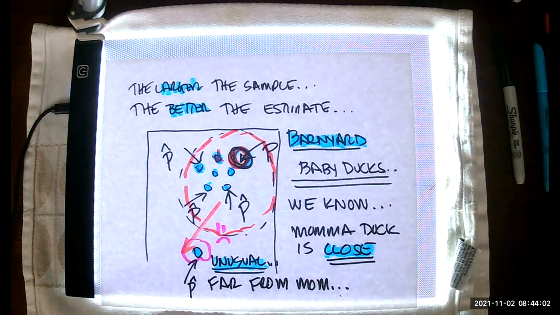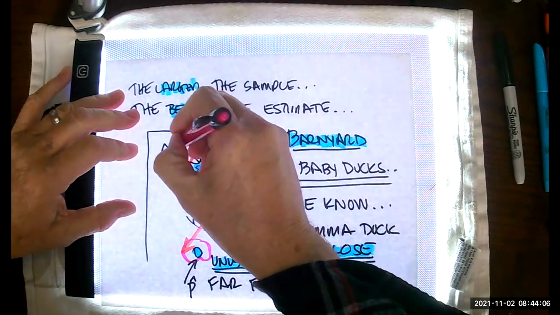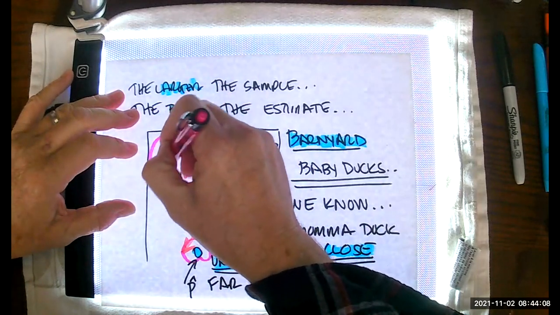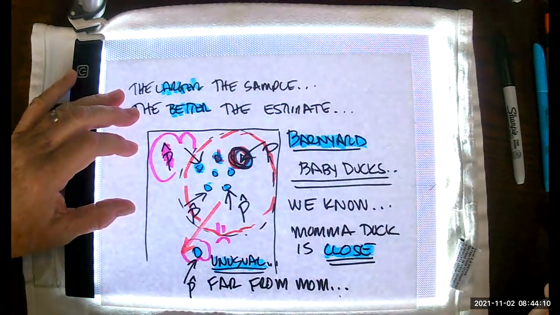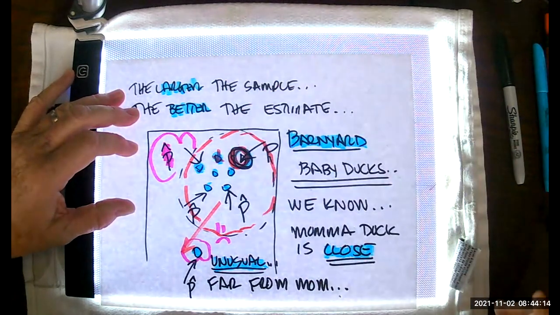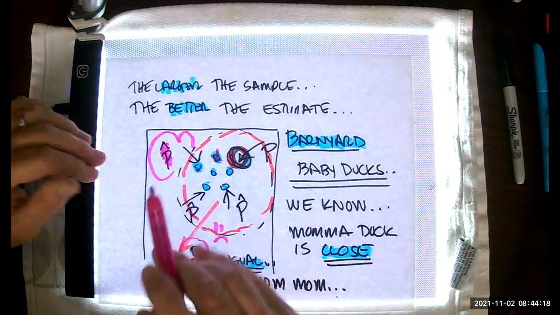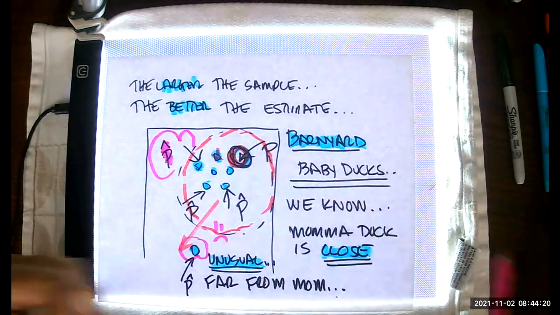Now, here's the way this works. The baby ducks are all the possible sample proportions for a given size of n. The mama duck, she's unknown. We really don't know much about her at all because we're really just going to have a single baby duck to look at. Look, oh, there he is.